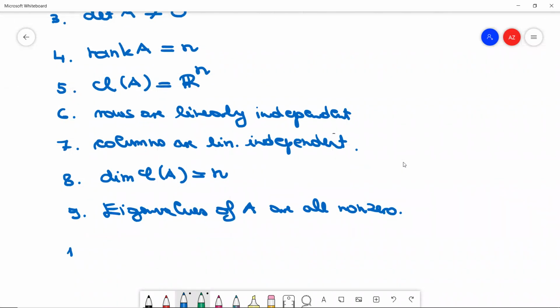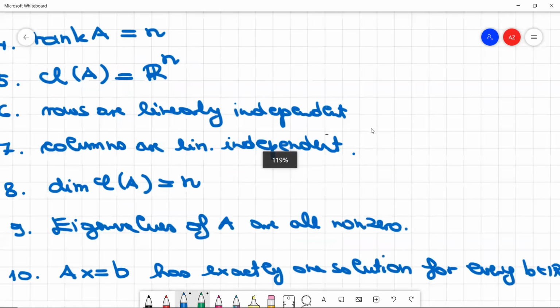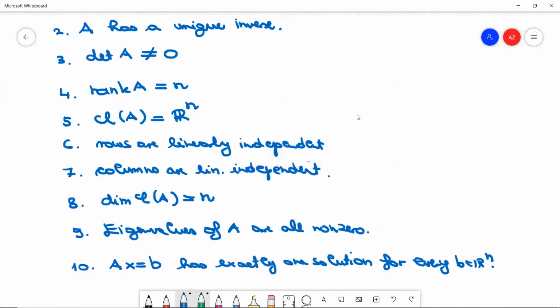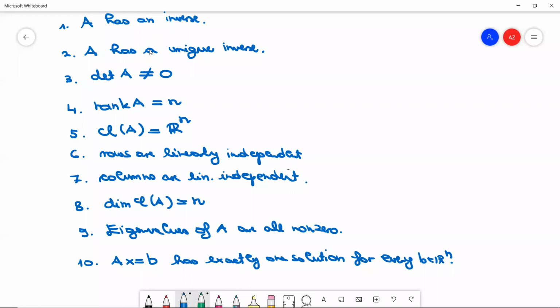And what we've already said, that AX = B has exactly one solution for every B. So I thought we will write 6 conditions, but we found 10 of them. So thank you for your help. So we have 10 equivalent conditions which all characterize when a matrix is invertible.